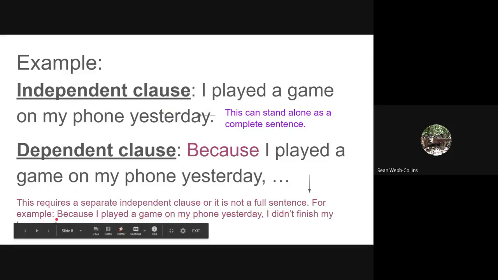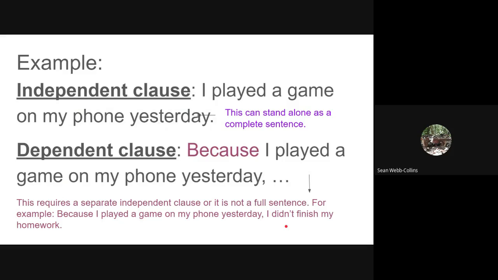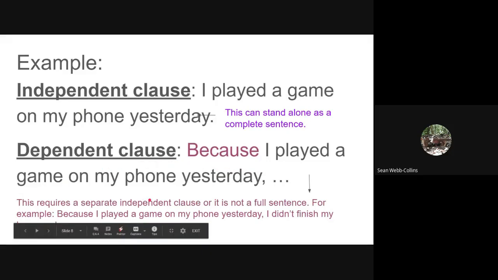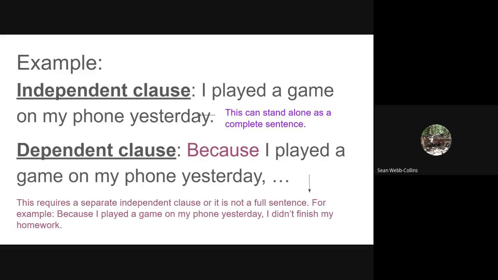For example, because I played a game on my phone yesterday, I didn't finish my homework. So, this example is a good way to show that dependent clauses require an independent clause to express a full idea and to be a grammatically complete sentence.